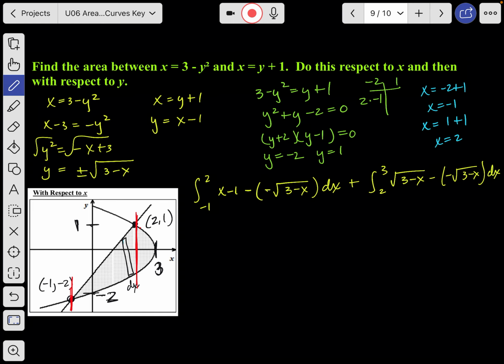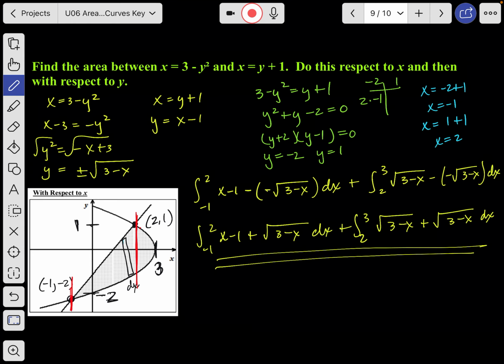Okay, so let me just clean this up one bit. And not a whole lot to clean up. Okay, I'm going to actually show you how to plug this into your calculator, because that's quite a bit of algebra.